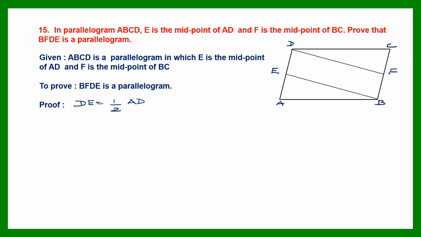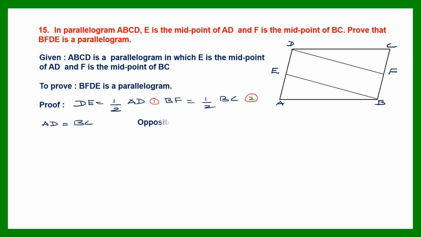So let's write that BF will be equal to half of BC. Let this be equation 1 and let this be equation 2, because we're going to be using it later. Now let's look at these two sides, AD and BC. They're equal to each other. That is, AD is equal to BC.